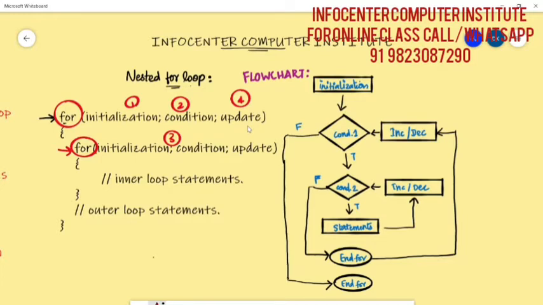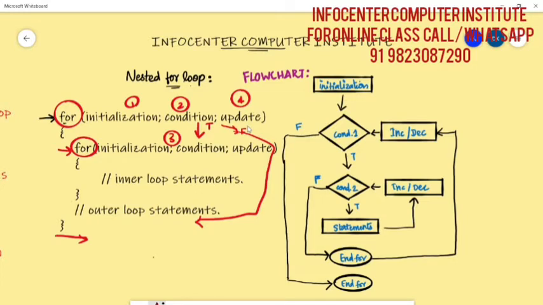So how does this execute? First it will initialize a variable, then the condition will be tested. If the condition is true, then it will enter the inner loop. If the condition is false, then it will go outside the loop and execute the statement after the loops.